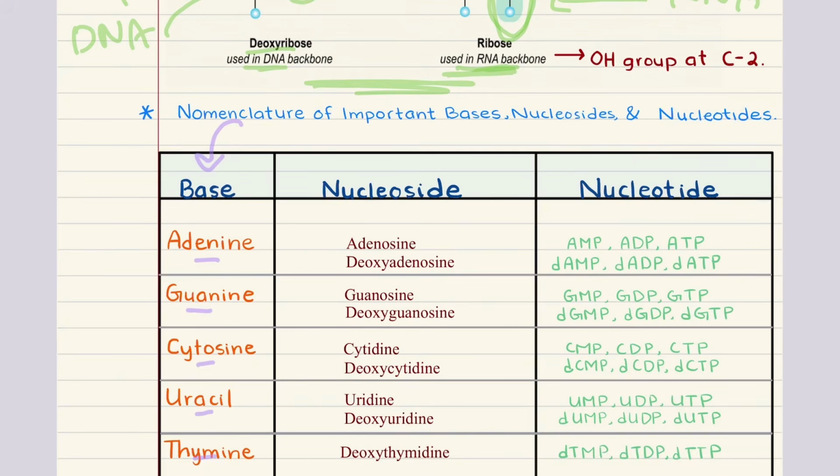And it shows how their names change when they're incorporated into nucleosides or nucleotides. This is great to review and get familiar with for test day, but this chart will actually make a lot more sense once we understand how DNA is built and how these nitrogenous bases fit into the larger structure. So let's come back to this later.